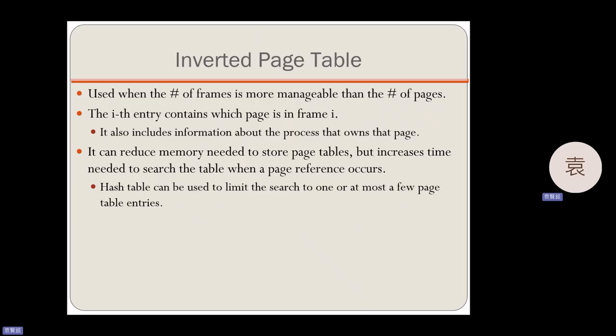This can reduce the memory needed to store page tables, but it may increase the time to search the table when a page reference occurs. The hash table can also be used to limit the search to one or at most a few page table entries.